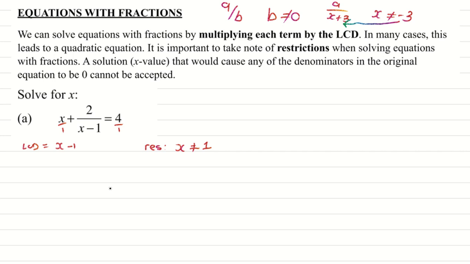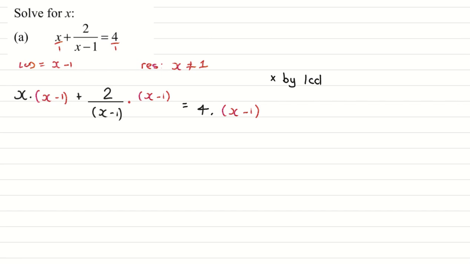Now that we have our LCD, the next step is to multiply by the LCD. So each term needs to be multiplied by this LCD. So I've gone ahead and multiplied each term by the LCD. Right, so I say x multiplied by the LCD, which is x minus 1.